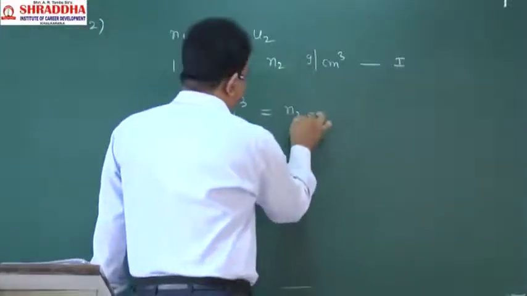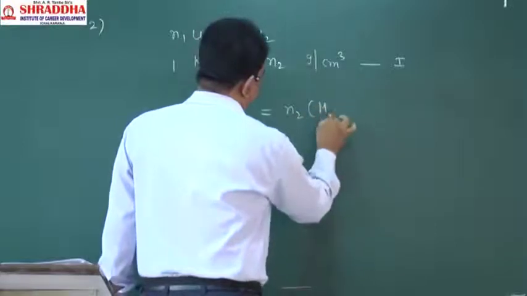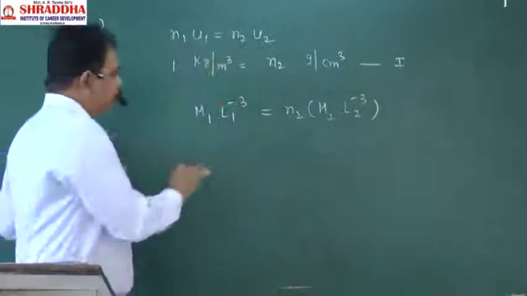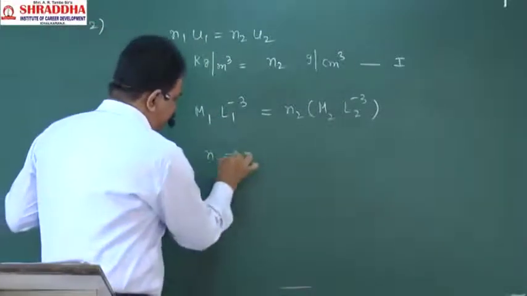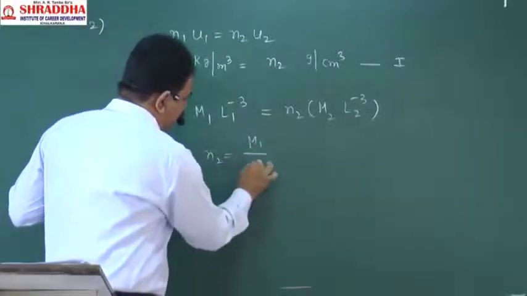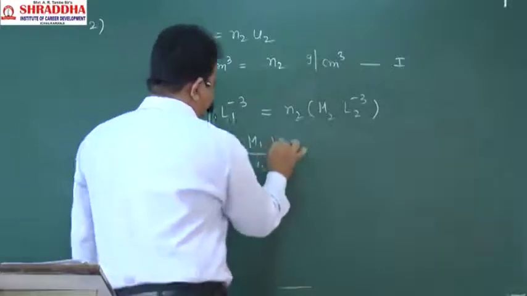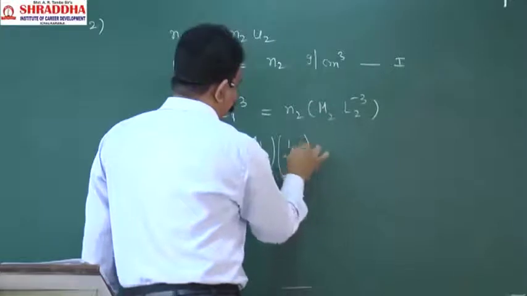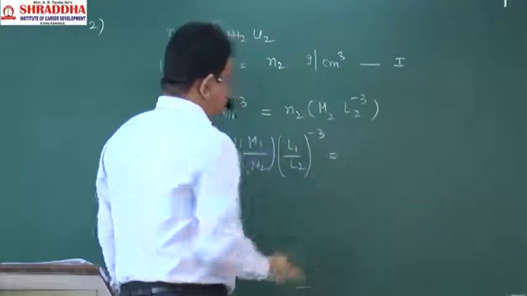Here the density dimensional formula is the same, M2 L2 power minus 3. So N2 is equal to M1 by M2, L1 by L2 power minus 3.